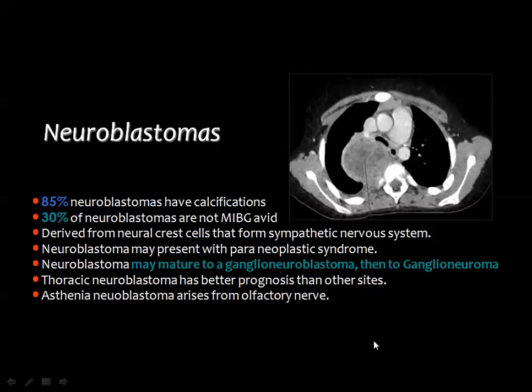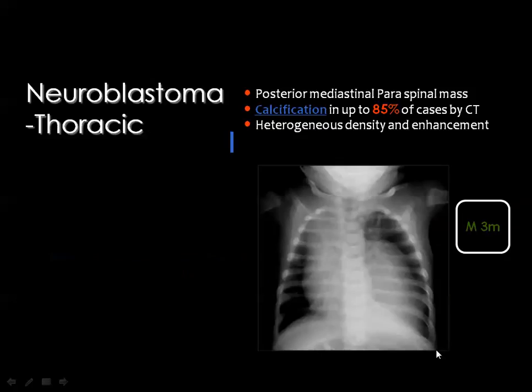Then the neuroblastoma may present with the paraneoplastic syndrome, including other manifestations in the human body. And what is very important here is to know that the neuroblastoma may mature to ganglioneuroblastoma and then to the adult form of ganglioneuroma, which is a benign lesion. This is a malignant lesion, an intermediate lesion, and a benign lesion after that.